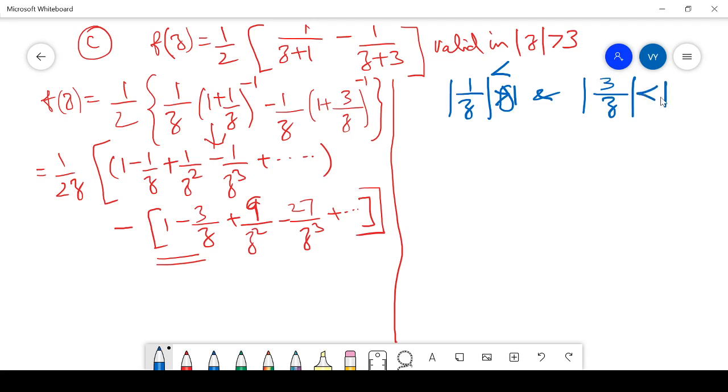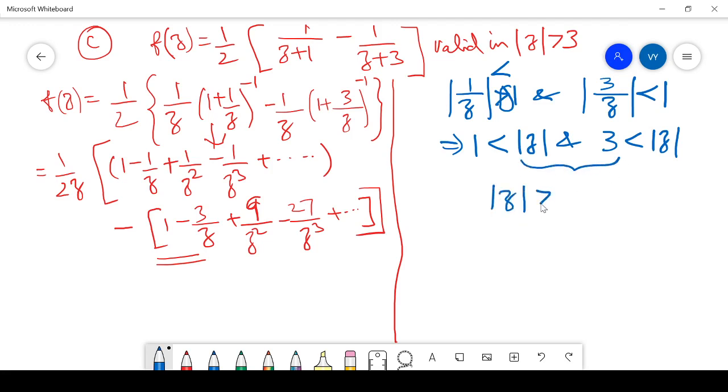And the second series is valid when modulus of 3 by z is less than 1, or this will imply 1 less than mod z and 3 less than mod z. And now when I take the intersection of these two, I'll have the validity to be mod z greater than 3. So this expansion is valid in mod z greater than 3.